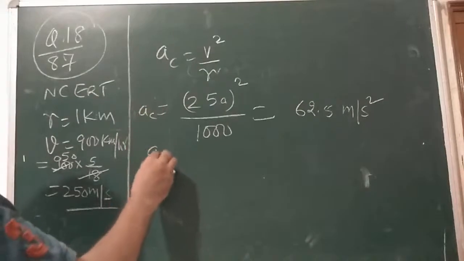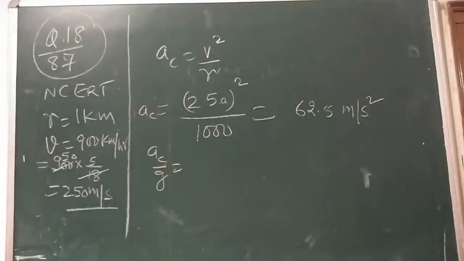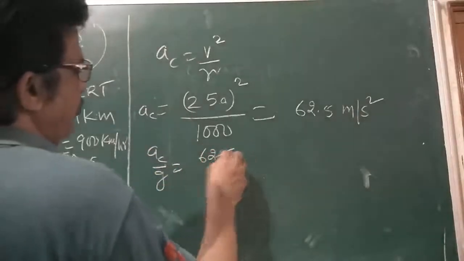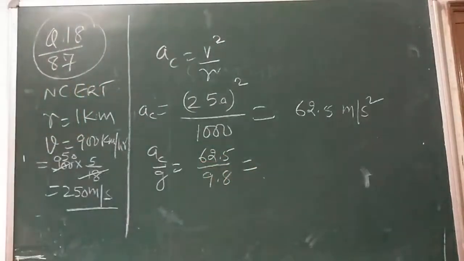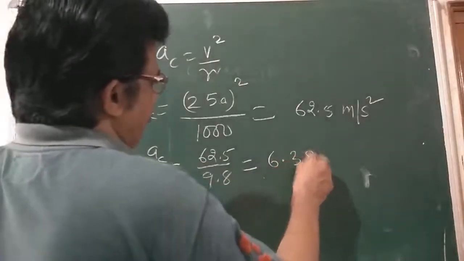Compare this with your acceleration due to gravity, a by g. You will get 62.5 divided by 9.8. Divide it, and you will get around this value.